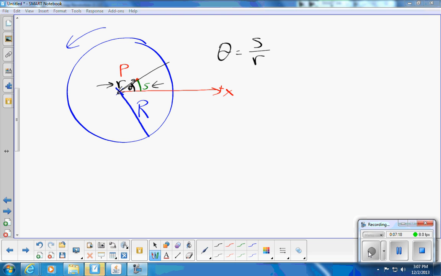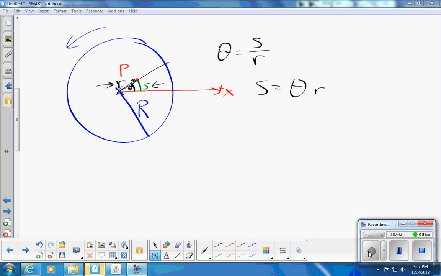Remember that we're always measuring theta in radians, which is a ratio of two different distances, s over r in this case. Let me take this definition of theta and rearrange it by multiplying both sides by r, and that gives me s equals theta times r.